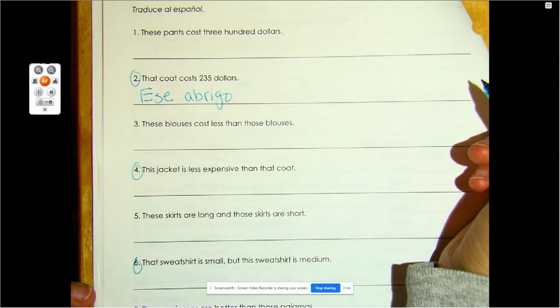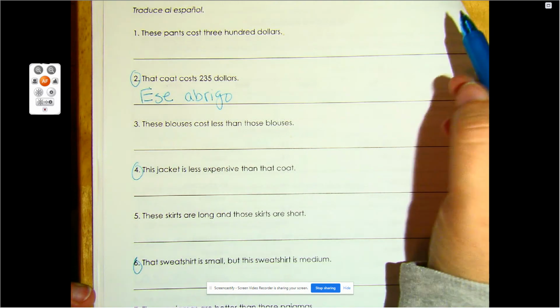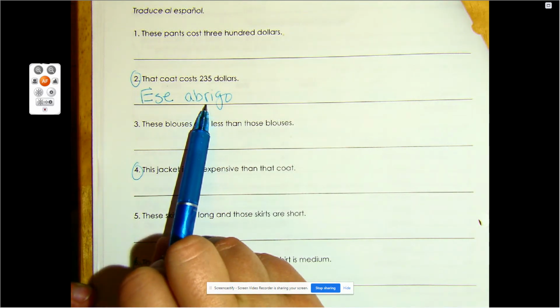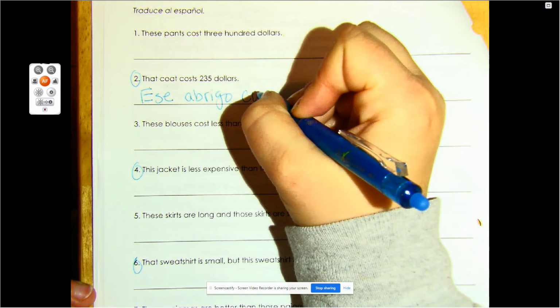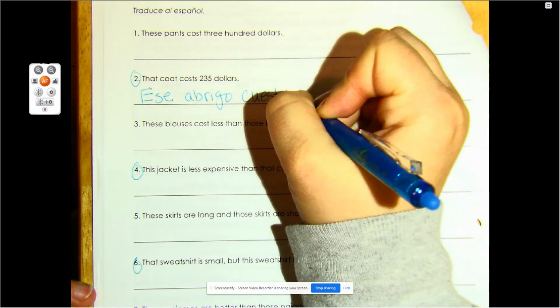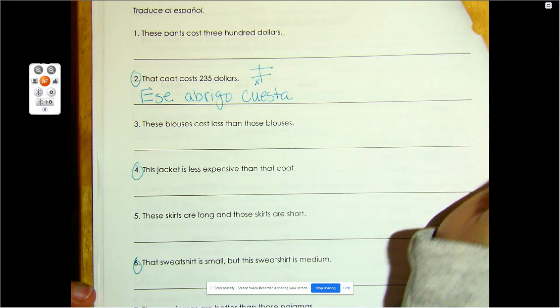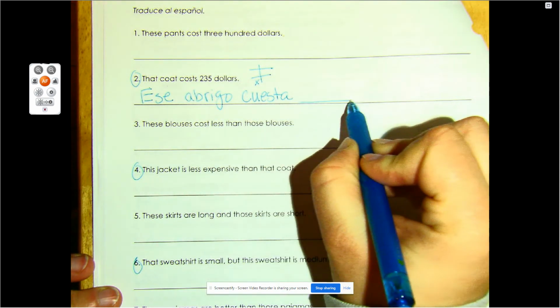And we know that it's an O to UE stem changing verb. And because coat is singular, we're going to use the singular third person. So ese abrigo cuesta $235. I'm going to let you write that out on your own.